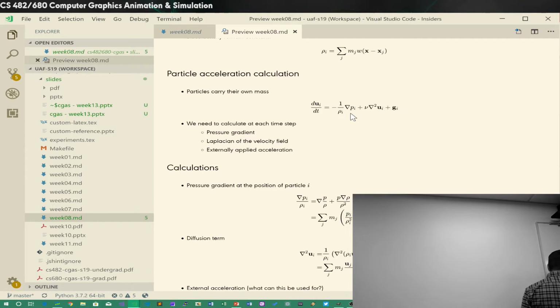So if we have a vector field, that's the gradient, and that's the Laplacian. Does anybody remember what divergence looks like? Yeah, del dot. If you have that, that's going to be the divergence.